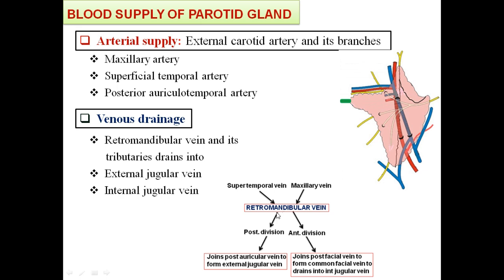Then it gives two tributaries, posterior division and anterior division. The anterior division joins with the facial vein to form the common facial vein, which drains into the internal jugular vein. The posterior division joins with the posterior auricular vein to form the external jugular vein.